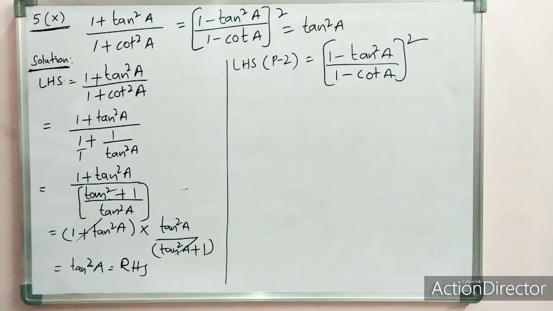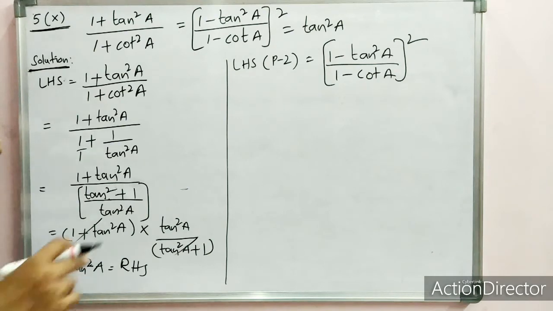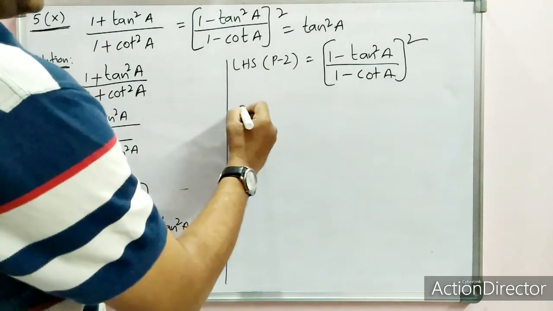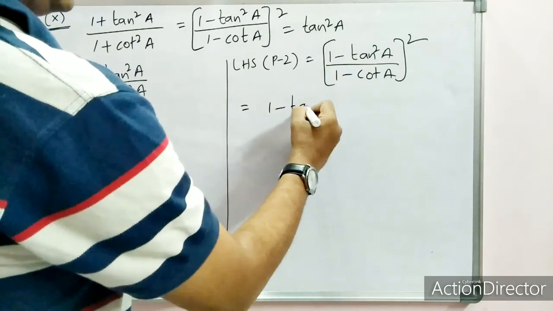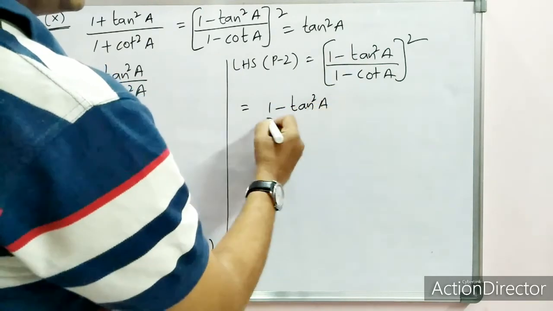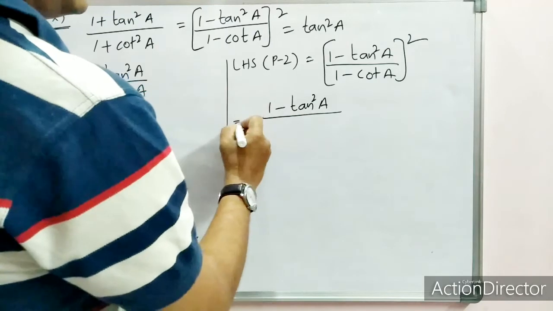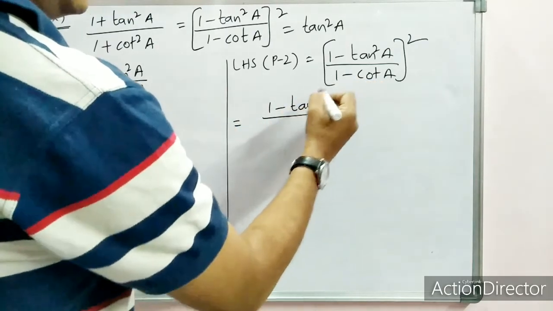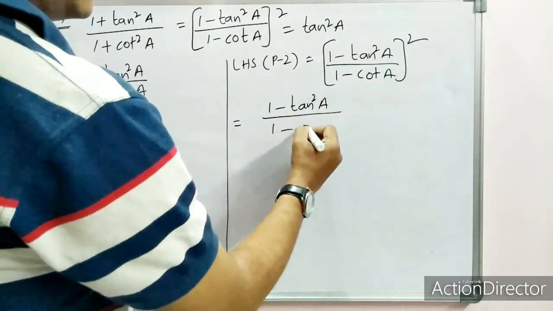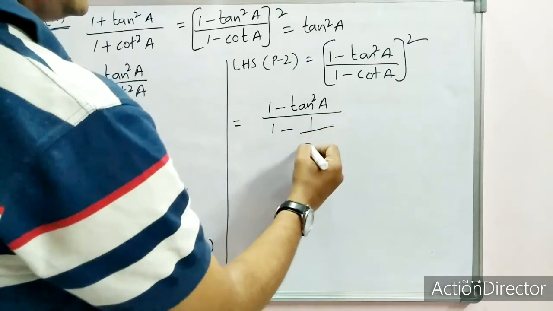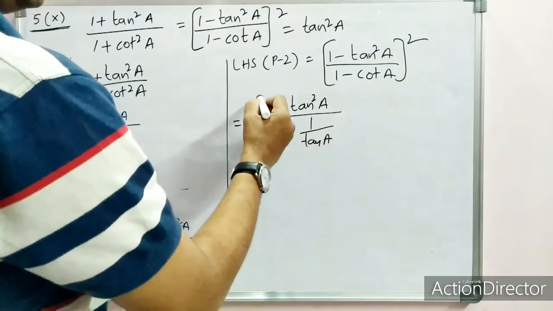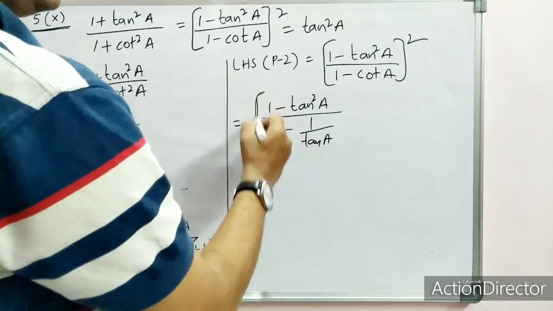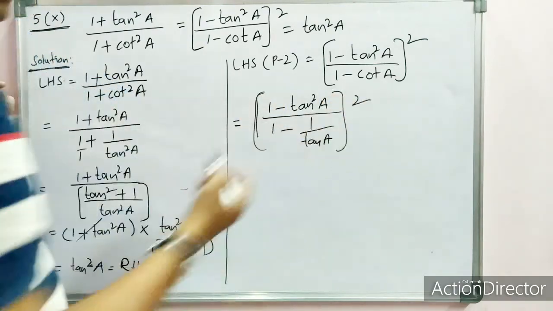Now just you convert: in the numerator, 1 minus tan A, you write as it is, and here 1 minus cot A. Cot A is 1 by tan A. For both we have a square.